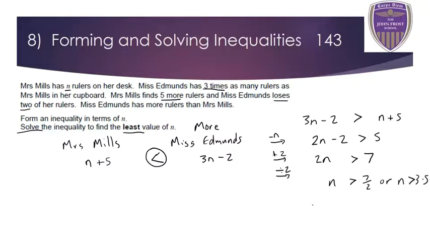So n can be 4, 5, 6, 7, and so on. We want the least, and 4 is the least. So the least value for n is 4.